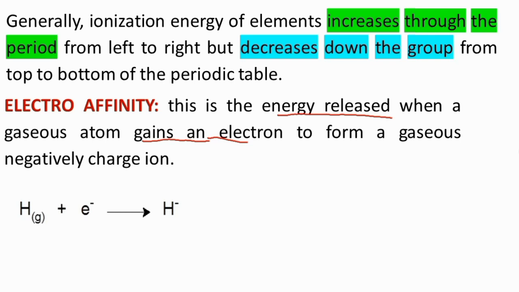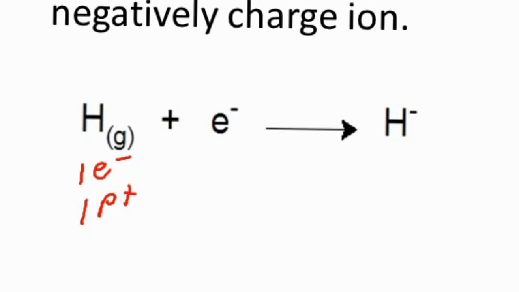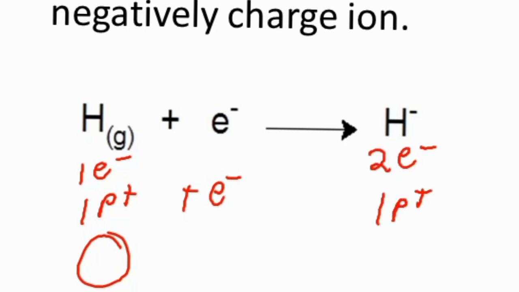Now, how is this possible? It is possible because hydrogen, like I said, has one electron and one proton, so it has a total charge of 0. But when it gains an extra electron, it now has one proton but 2 electrons. So it's -2 plus 1, which is a total of -1.